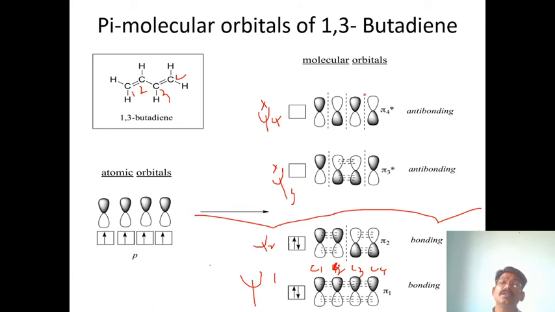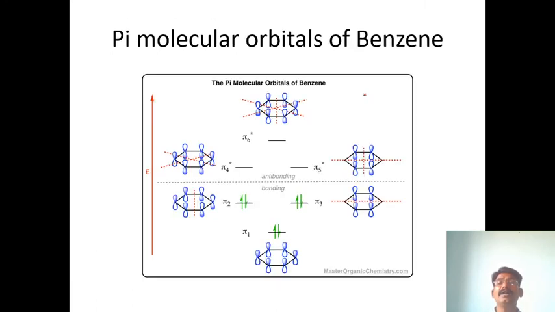So this is the explanation and energy level diagram of pi molecular orbital of 1,3-butadiene. And finally, pi molecular orbital of benzene. We know that benzene has 3 pi bonds, whereas 1,3-butadiene has only 2 pi bonds, but here 3 pi bonds are there, with 6 carbon atoms.